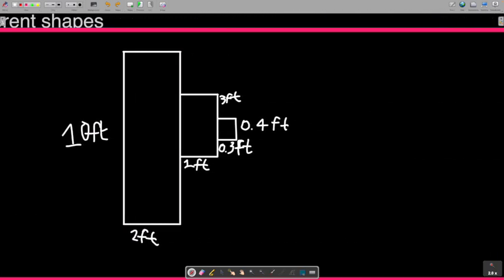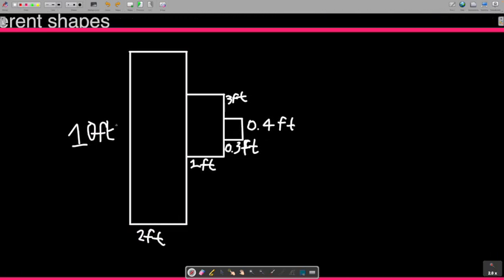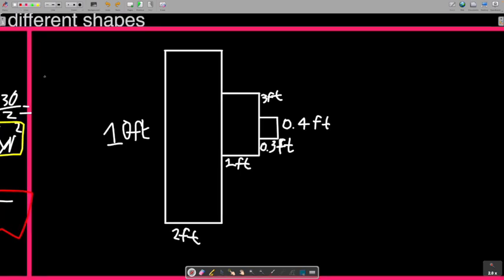Let's try another one. So this one we have 3 shapes and they're all rectangles. So the first one, 10 times 2 is 20 square feet. Let's not write square feet just for time. And then 1 times 3, that's just 3. And then 0.4 times 0.3, that's 0.12.